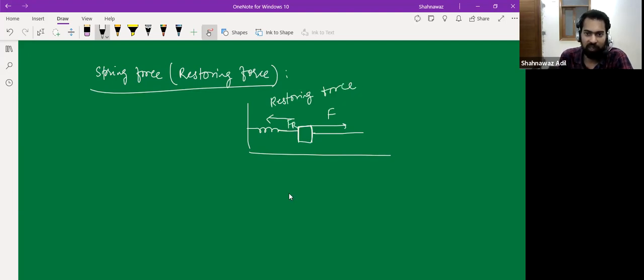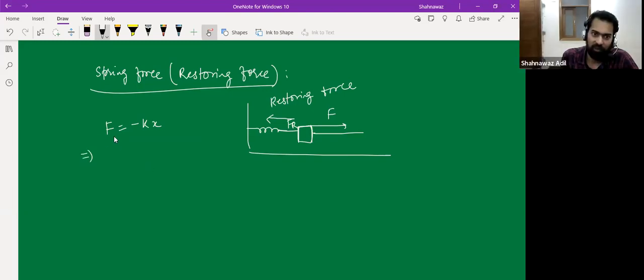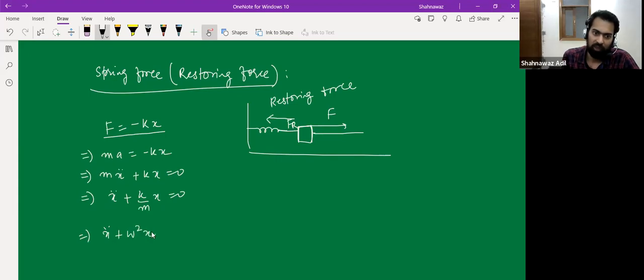And this is equal to how much? By Hooke's law, you already know that this is minus kx. And if this is ma, and this is minus kx, so this is m x double dot plus kx equals 0, and this is x double dot plus k by m x equals 0.